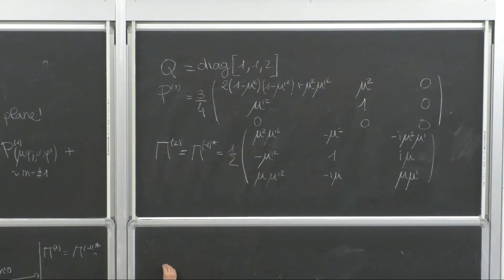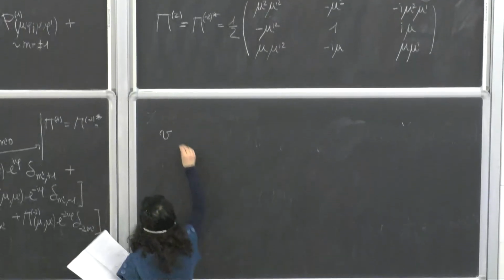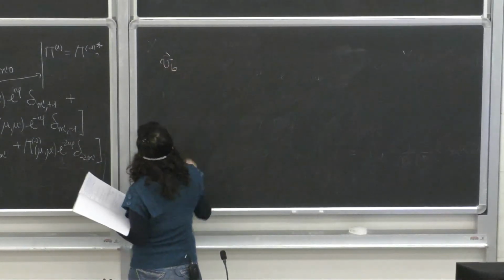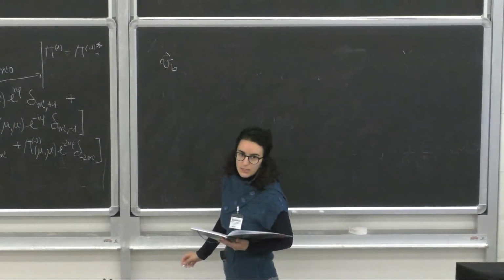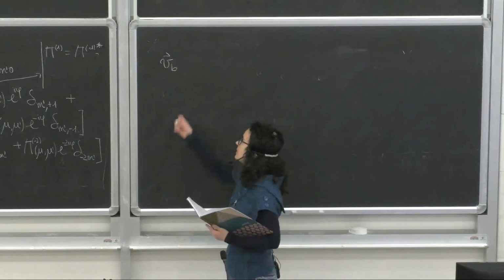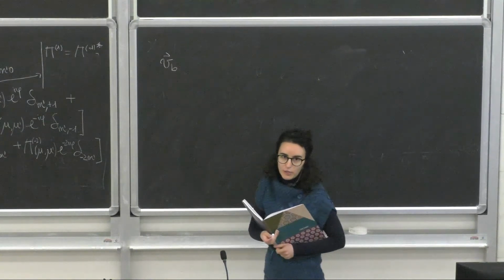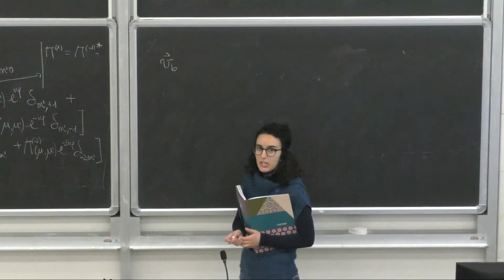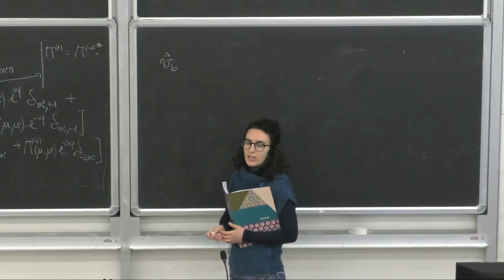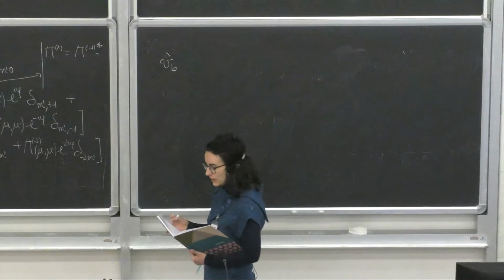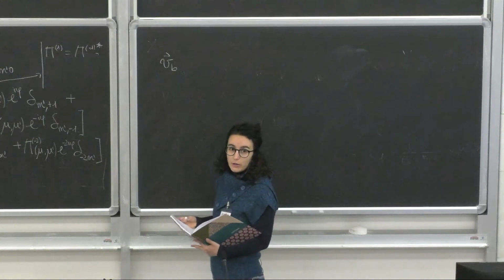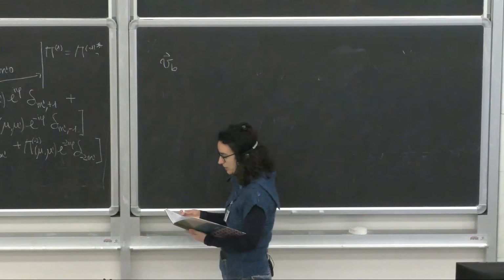And in order to write the Doppler effect, let me also define VB, which is the velocity of the electrons. I use the B subscript to refer to baryons. You said yesterday that we refer generically to electrons and protons as baryons in the early universe.